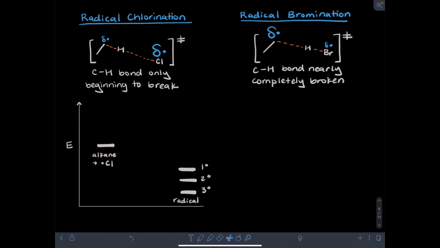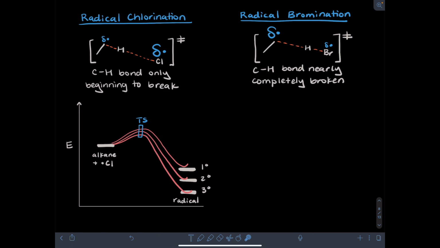Now let's consider the hydrogen abstraction step by a chlorine radical, where you could potentially form a primary carbon radical, a secondary carbon radical, or a tertiary carbon radical. Notice that I've ranked these different carbon radicals in order of their stability, where the tertiary, more substituted one is the most stable.